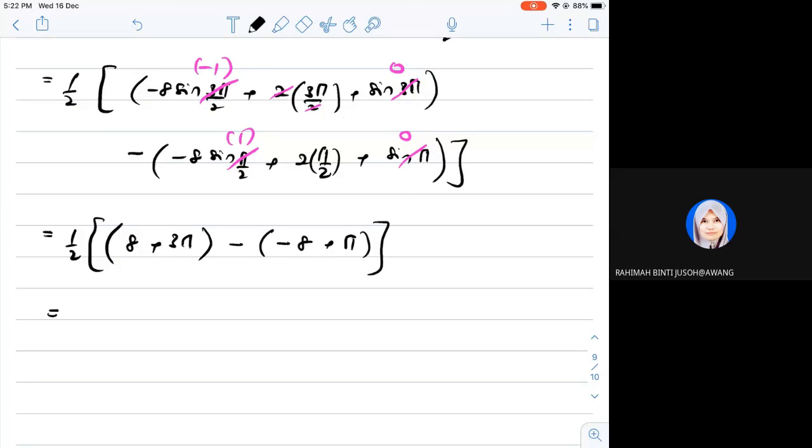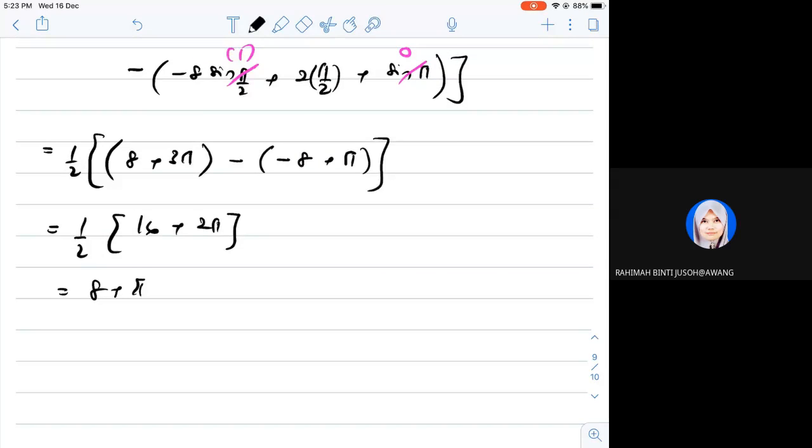Okay, so we will have 1 over 2, 8 plus 8, so 16 plus 3 pi minus pi, 2 pi. So we have 8 plus pi. Okay, so that's the answer.